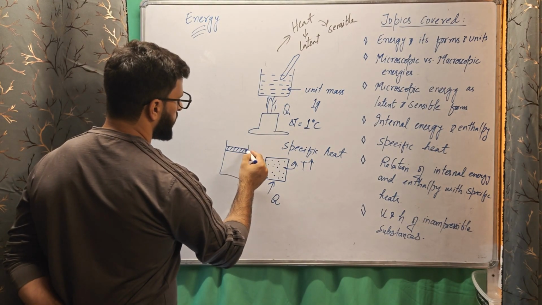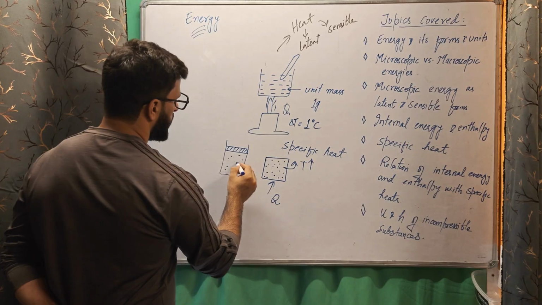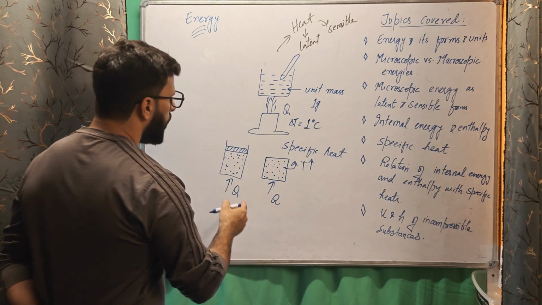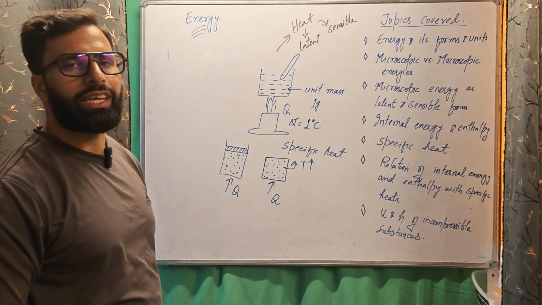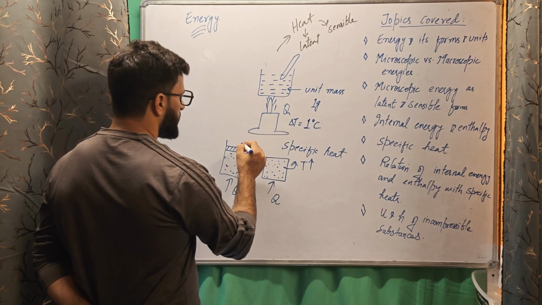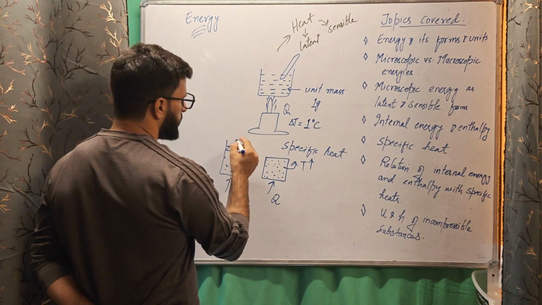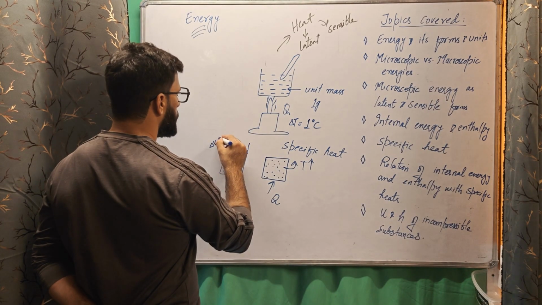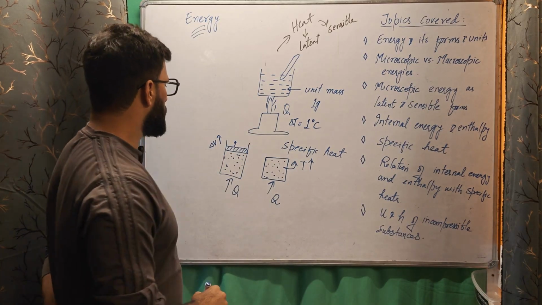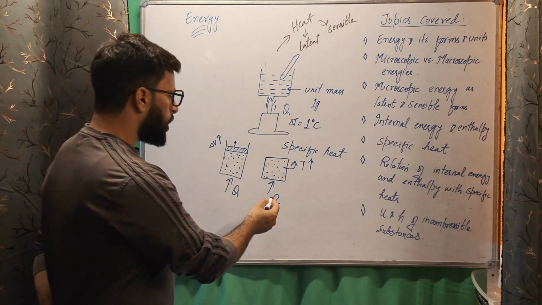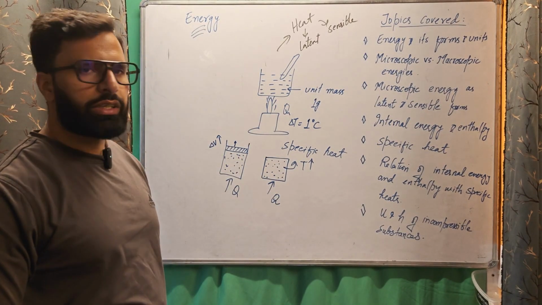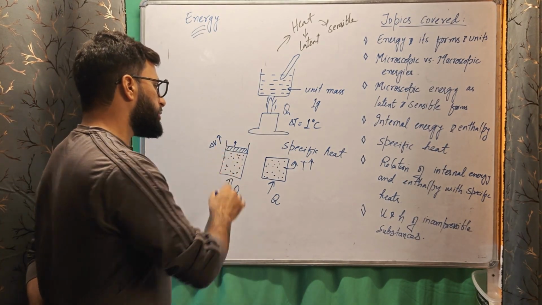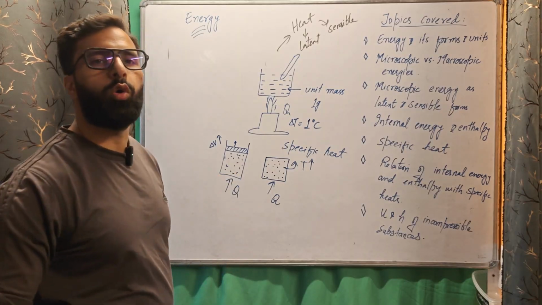Suppose a piston cylinder device has some gas and we heat it. When we supply heat to it, all the heat is not going to raise the temperature of the gas, but some fraction of the energy is going to push the piston outwards so that the volume increases. So here the whole heat is going to increase the temperature. Here some heat is going to increase the temperature, and a part of the heat is going to increase the volume, pushing the piston outwards.